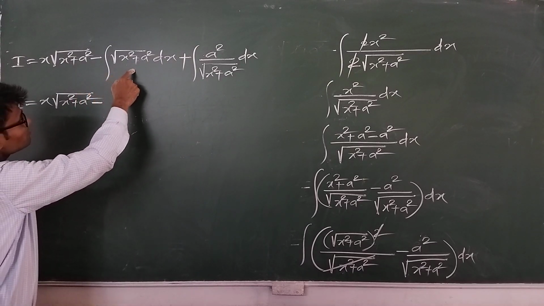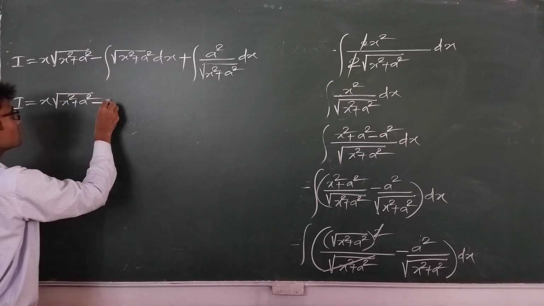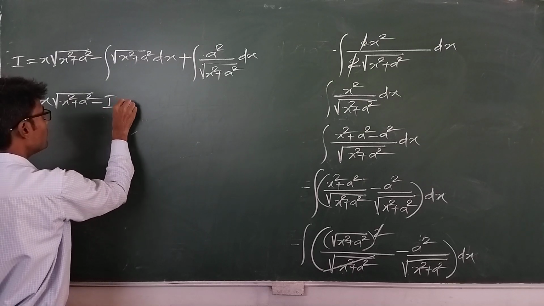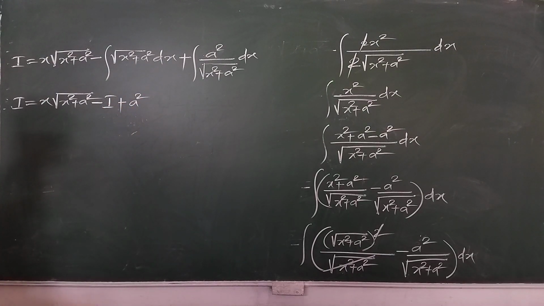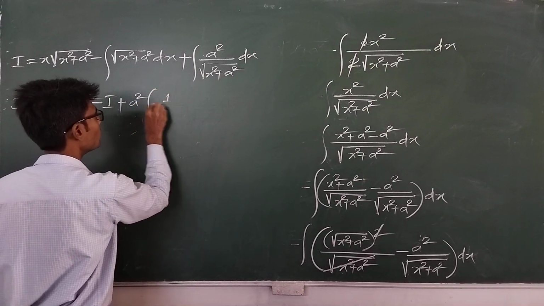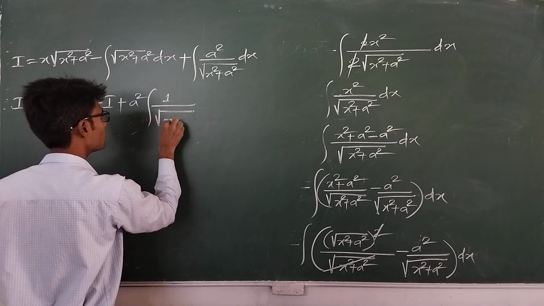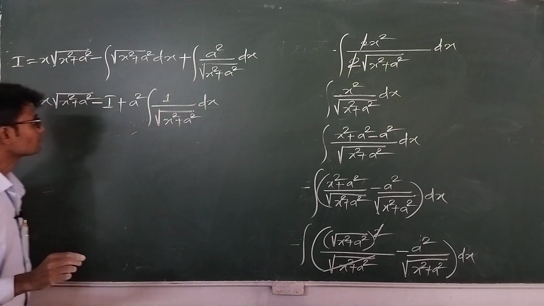At the beginning, we called this I. So you write I, plus a square is constant, you take it outside, and you get integration of 1 divided by square root of x square plus a square with respect to x.